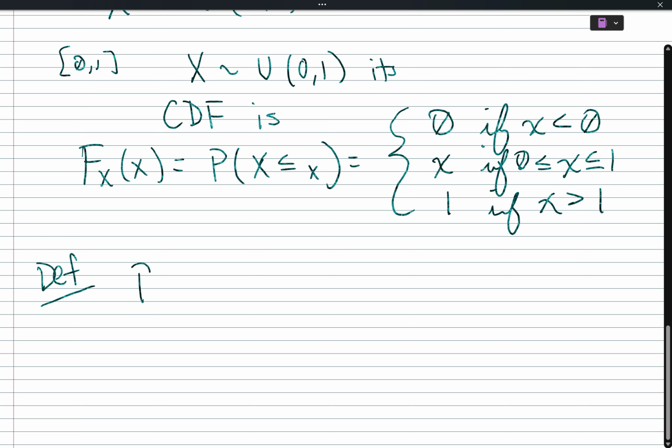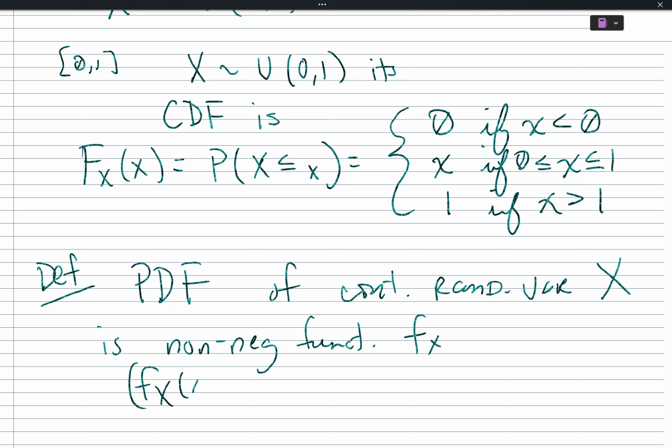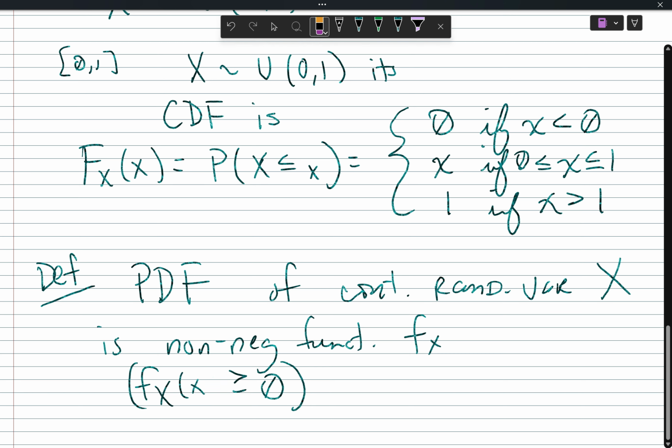The probability density function, or PDF, of a continuous random variable X is a non-negative function. That is, f sub X of x is greater than or equal to 0.